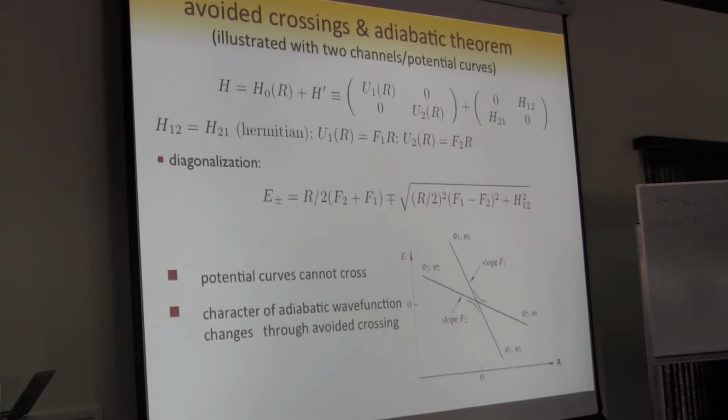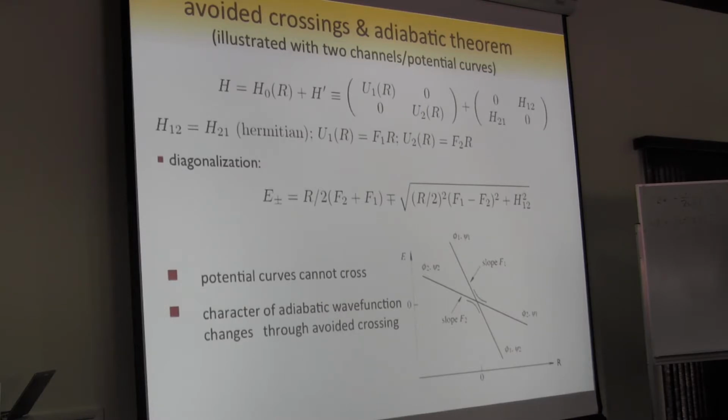So they cross. And now you have a perturbation of your system, and the perturbation is an off-diagonal coupling, H12. To keep the whole Hamiltonian Hermitian, H12 needs to be the same as H21 if it's real, or the complex conjugate if it's complex, but we keep it real here. So H12 and H21 are the same.